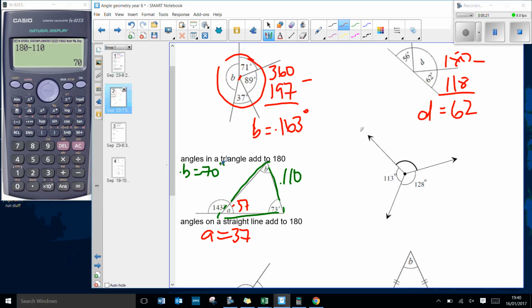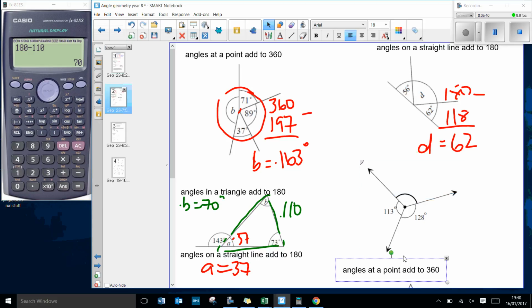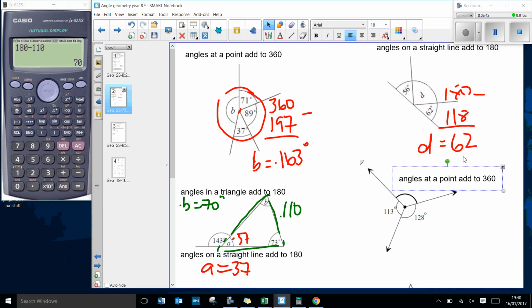Okay, the next one, 3 angles. This is our unknown one, this one we're trying to find. They all meet at a point, so I'm going to save a bit of time and just copy and paste that reason. So this one's angles at a point add to 360, and we're going to calculate what those 2 angles come to.